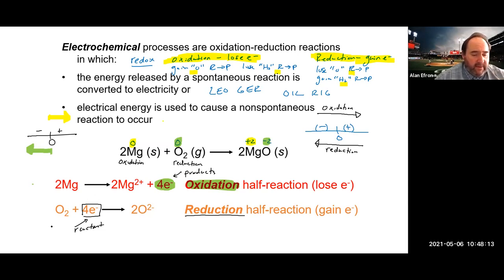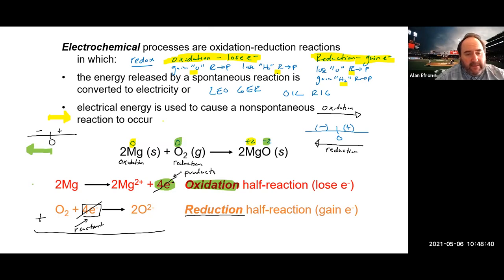First off, they're called half reactions because if you take them and add both of them together, electrons should always cancel out. So that's an important thing. When you take two half reactions, the number of electrons in each half reaction should be the same number. If they're not the same number, then you need to multiply the half reaction by a number to get them to the same actual number.